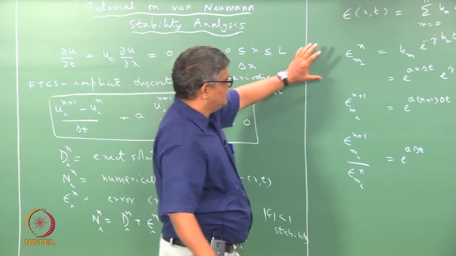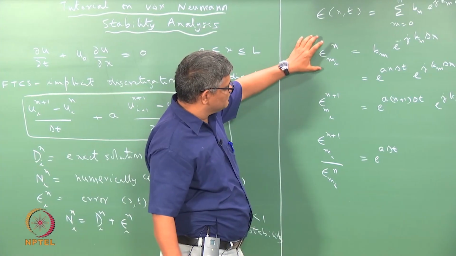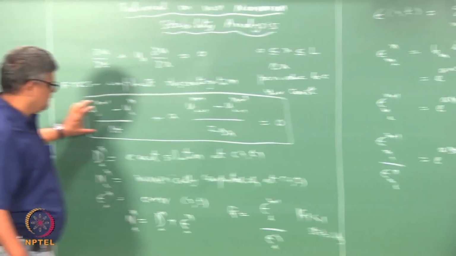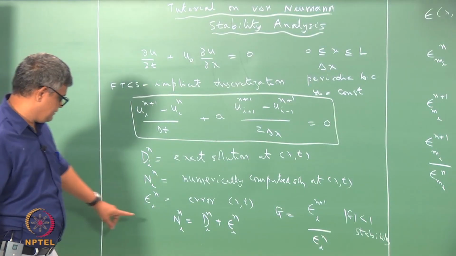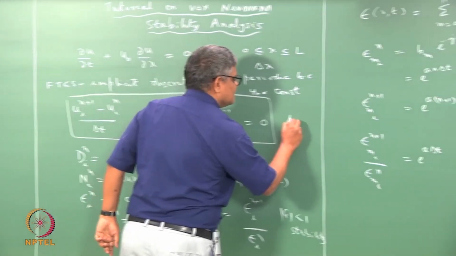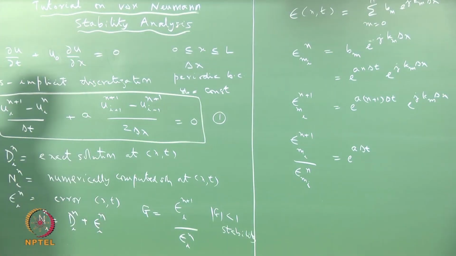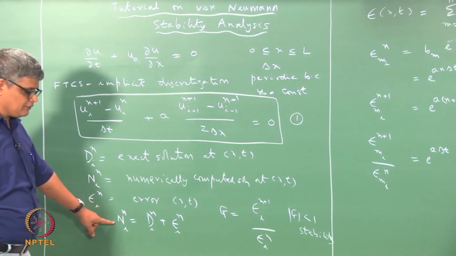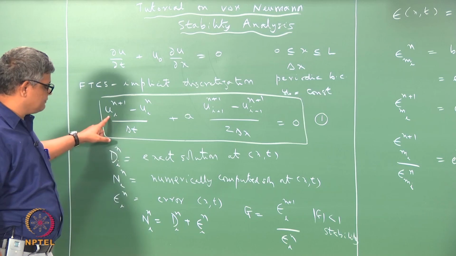So we take this particular wave component and substitute it in our formula here, starting with this, and we can call this equation 1, and the numerical value that we get here is obtained from this.